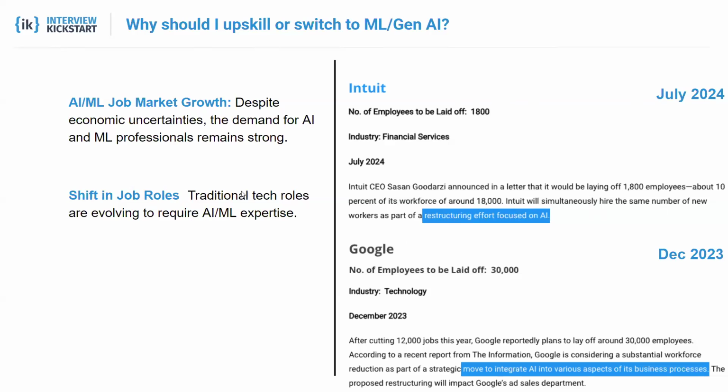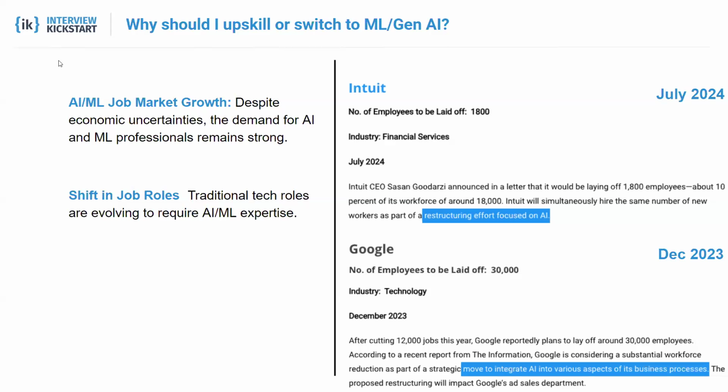Even the traditional tech roles that we have are evolving to require AI ML expertise. The tech expertise is still needed, but you also need some AI ML expertise, because if you take a look at the whole generative AI industry, businesses are taking these very well-functioning foundational models and introducing them into their systems and architecture.